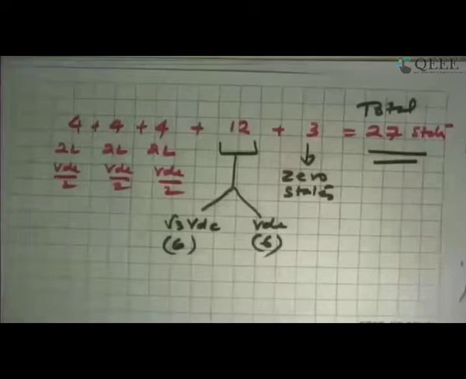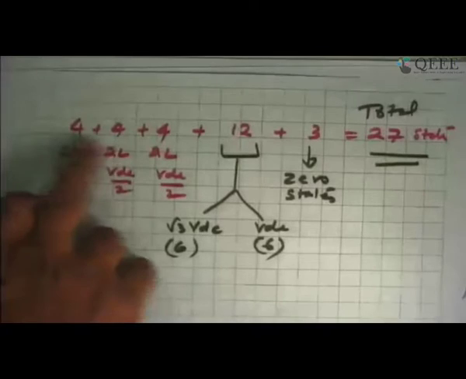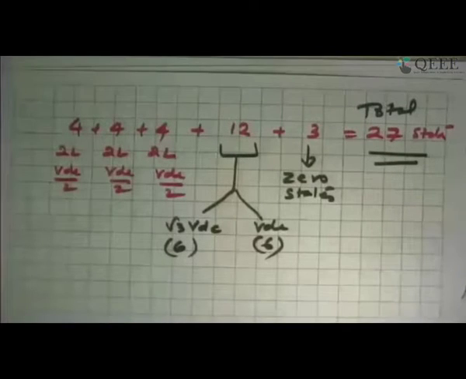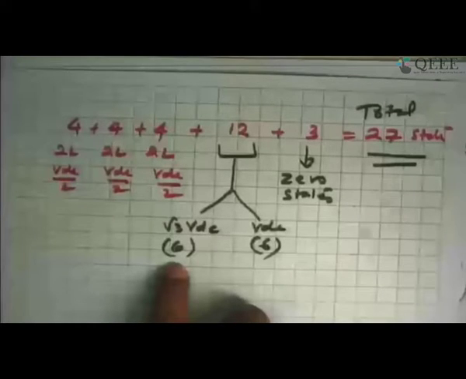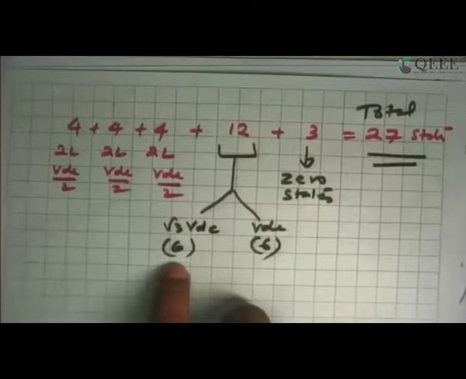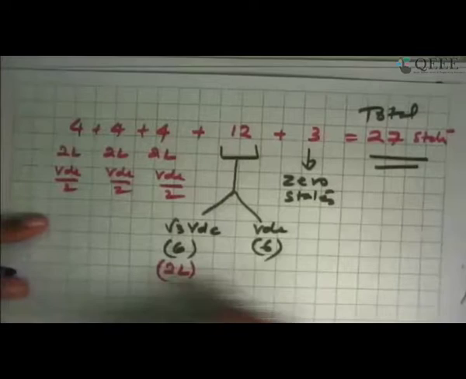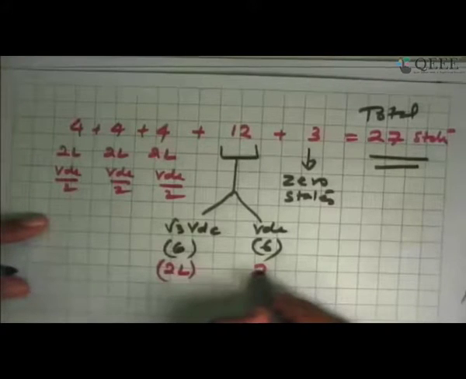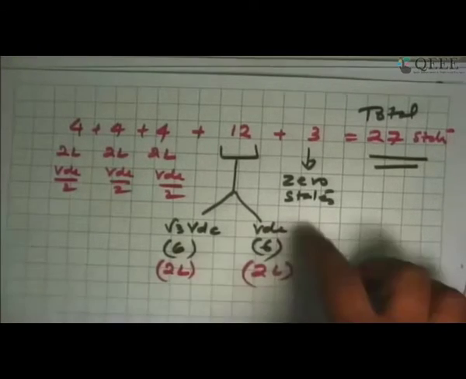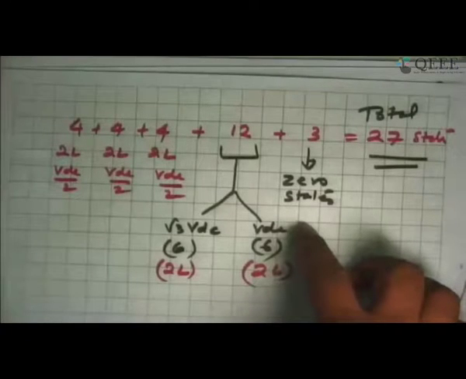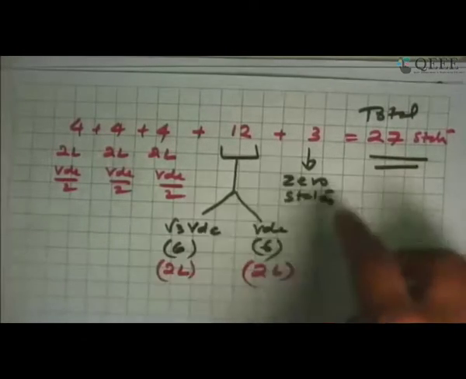So in total we have 27 states, out of which 4 each belong to 2 level. Out of 12, 6 are root 3 VDC 2 level. Again, we have 3 zero states.